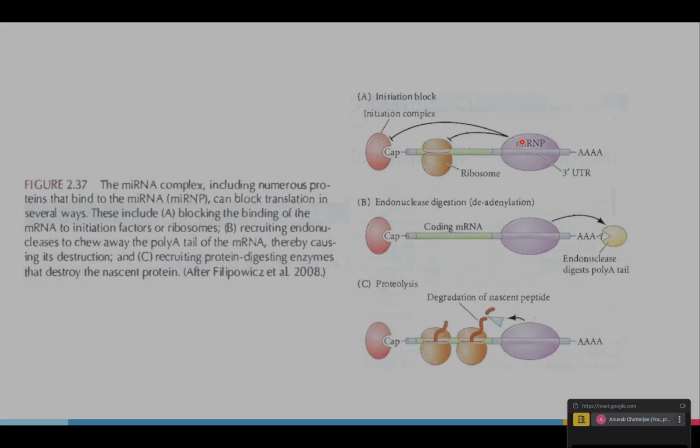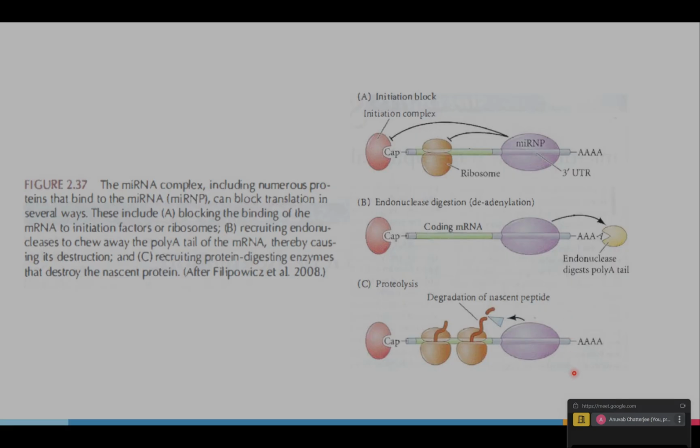which bind to the 3' UTR, and they can initiate a block to the ribosome and prevent the initiation complex from even getting the ribosome there. It can start degrading the mRNA poly A tail, which reduces the stability of the mRNA and it is degraded, or it can start directly degrading the nascent peptide by adding degradation signals to the nascent peptide, so that whenever it is translated and goes out, it is immediately degraded.